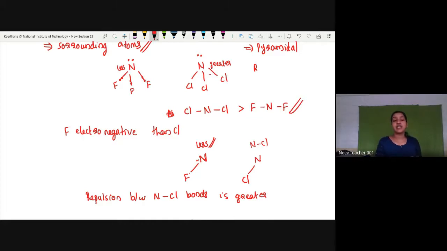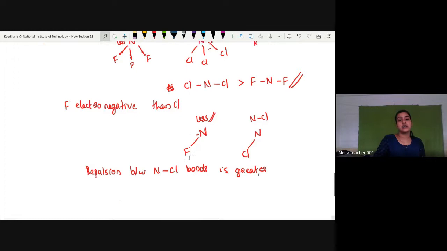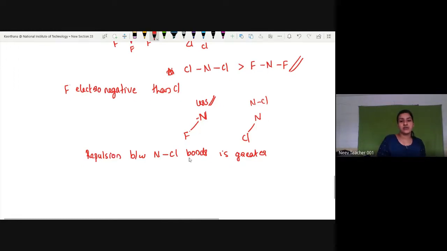So repulsion between NCl bonds is greater, so they will increase their bond angle. In general, there is a shortcut, or you can relate it with bond angle. This is a shortcut, and that was the correct explanation.